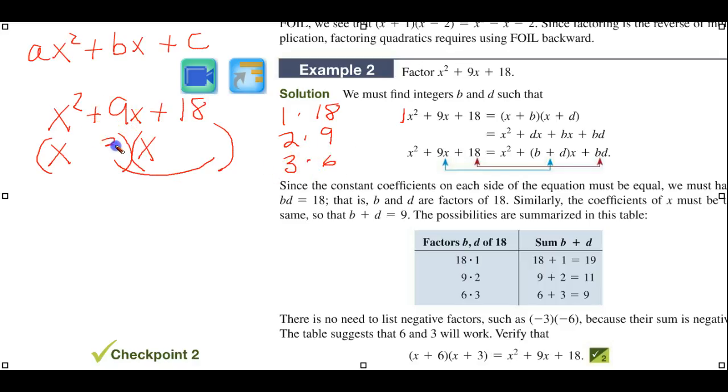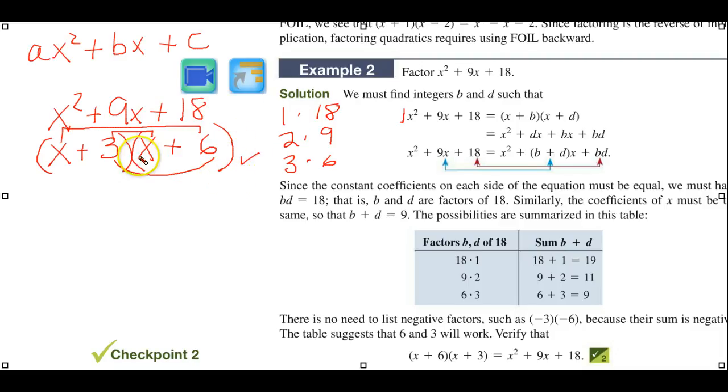So we try it. We put a 3 and a 6 there. And then we look for the signs. Well, they're all positive. So we can just put all positives here. And then when we do our outers, we get a 6x. And we do our inners, we get a 3x. That gives us a 9. So this is the factoring of it.